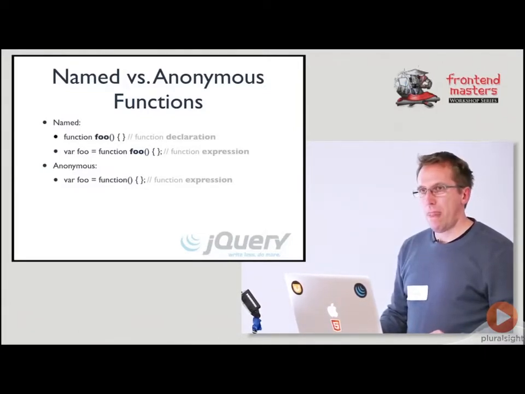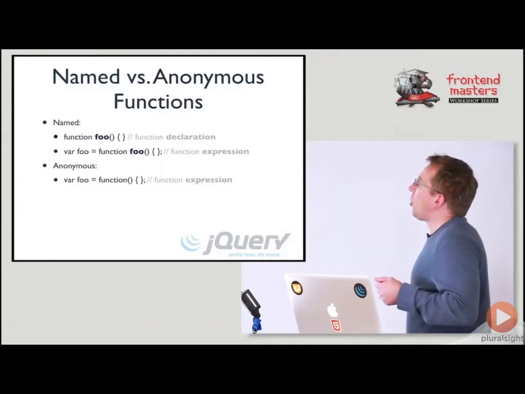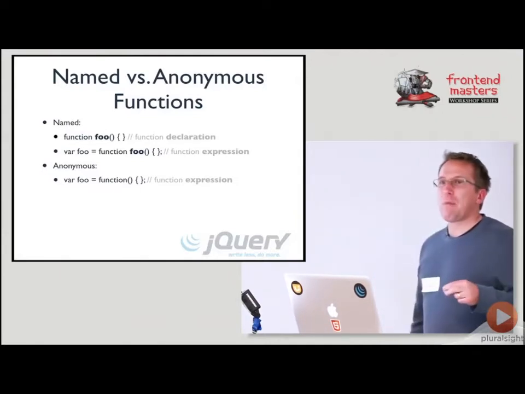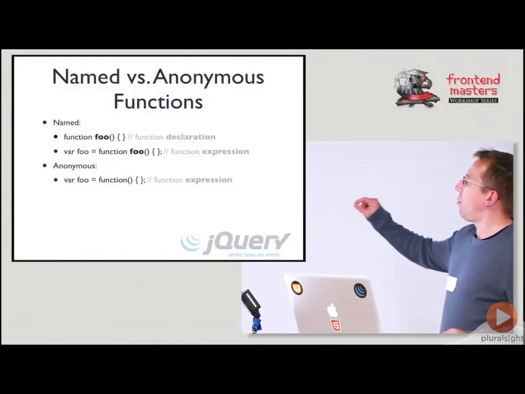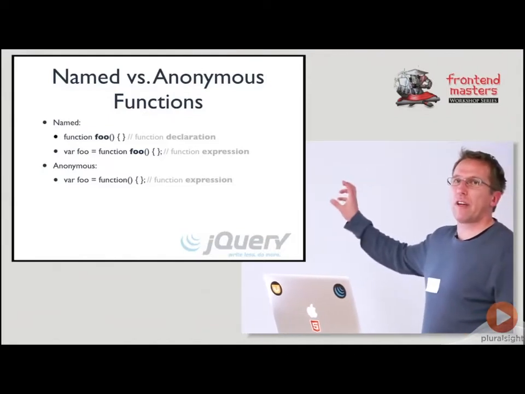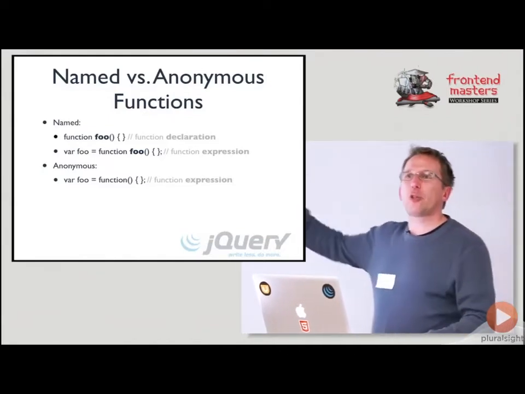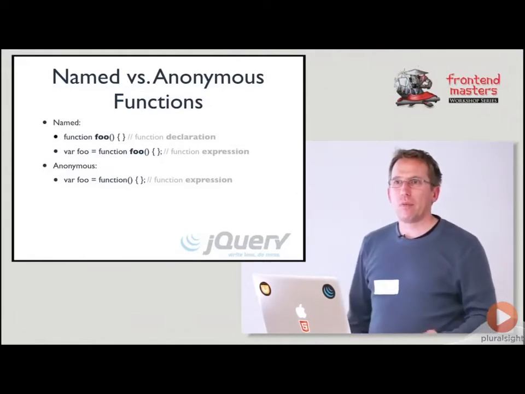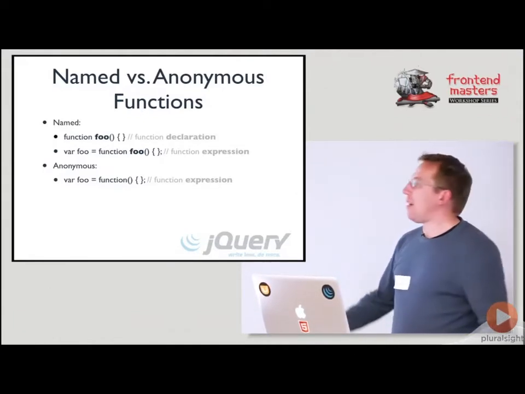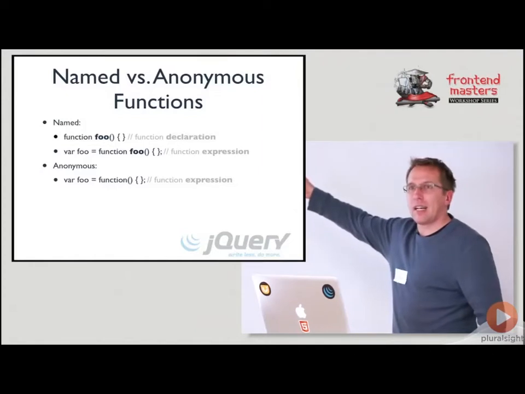When you say var foo equals function foo, it seems like you're naming it twice. Right. You're not actually naming the function when you say var foo equals function. You're associating it with a name. So you're naming the variable, and then you're naming the function.